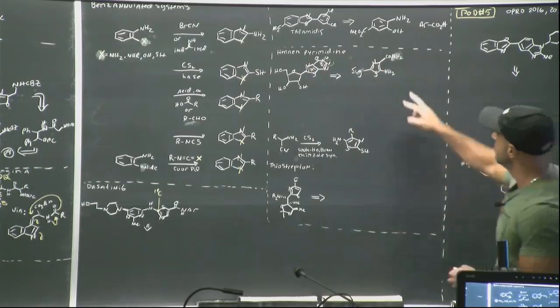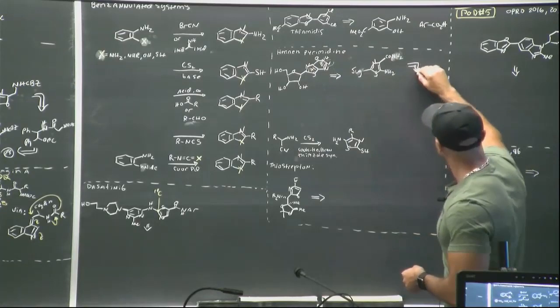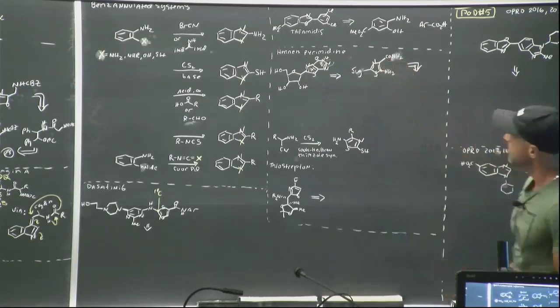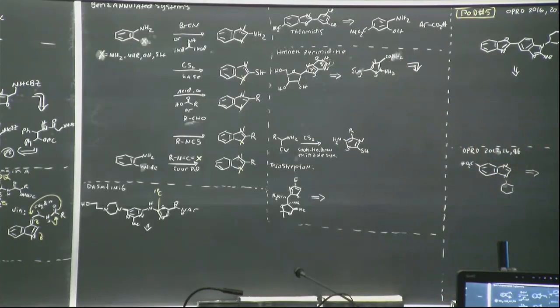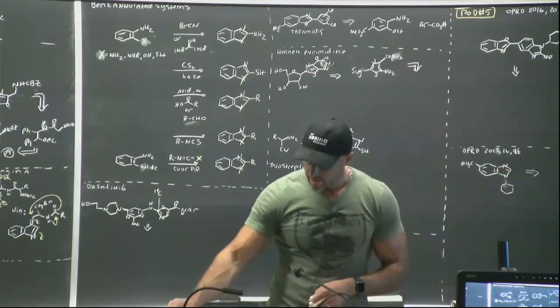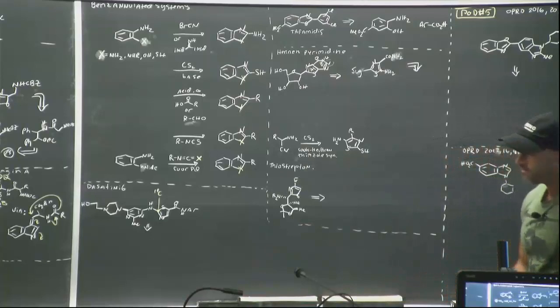Will give us the triazine product. And we already know how to make these. You may say, hey, that looks like a nitrile that's waiting to be attacked. And you would certainly be right.